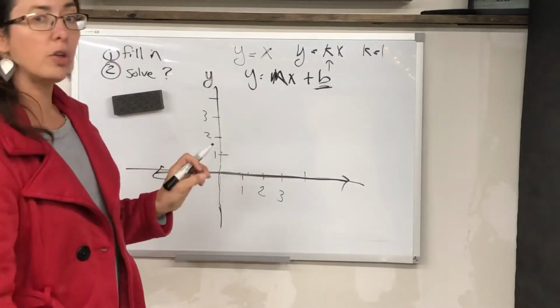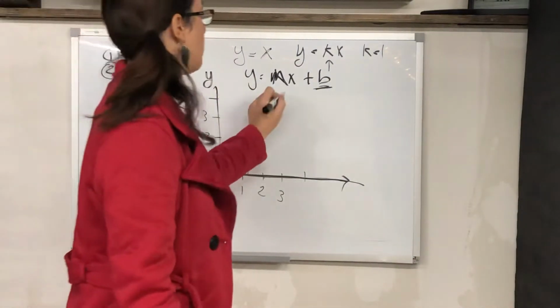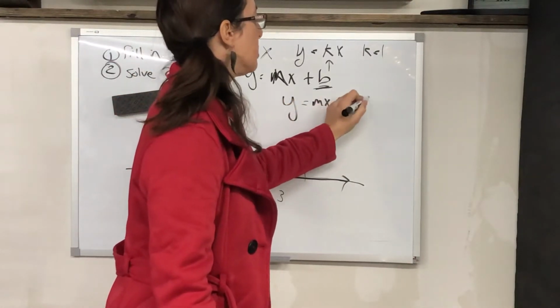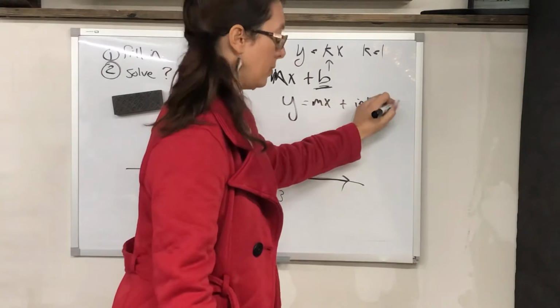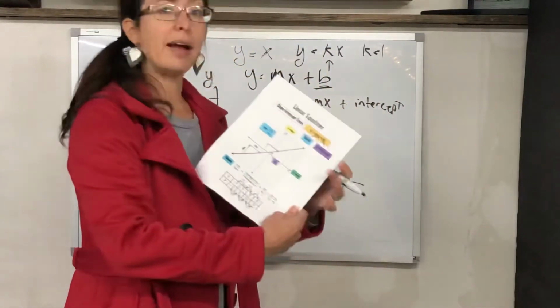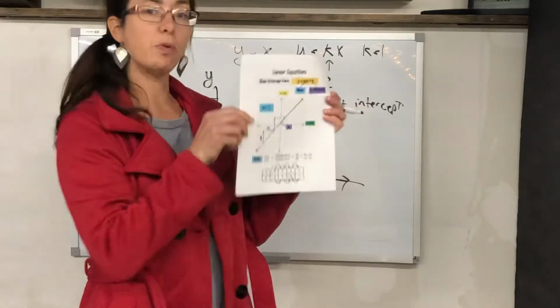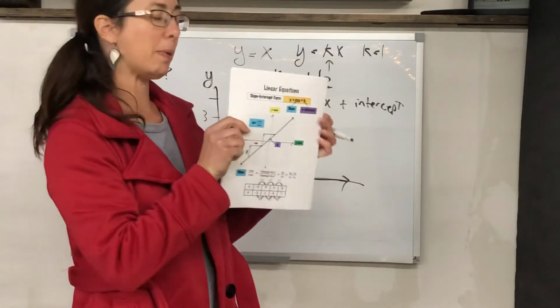It is called your y-intercept. So you might see y equals mx plus intercept. I also have this handout, linear equation slope-intercept form, that is going to be posted online.